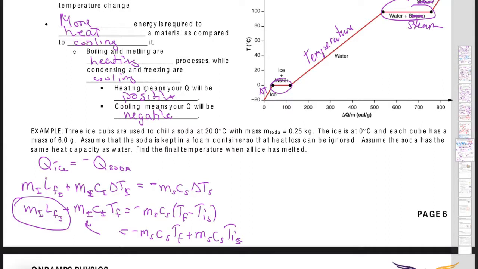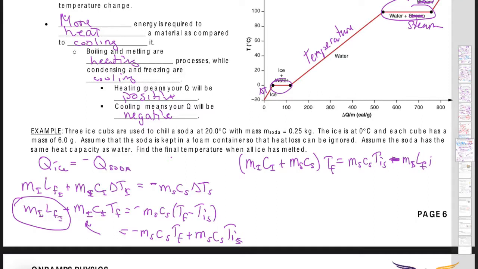And so I'm going to subtract the MILFI over and add over the MSCSTF, right? So I'm going to do a couple steps in one shot here. So I'm going to do MICI plus MSCS times TF, and that's going to equal MSCSTIS minus MILFI.